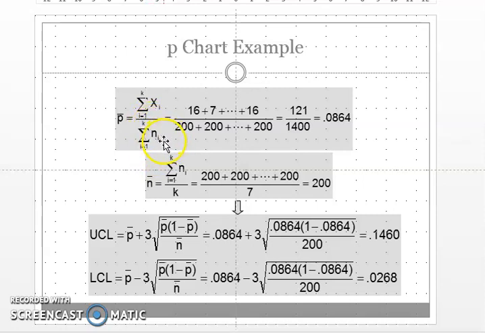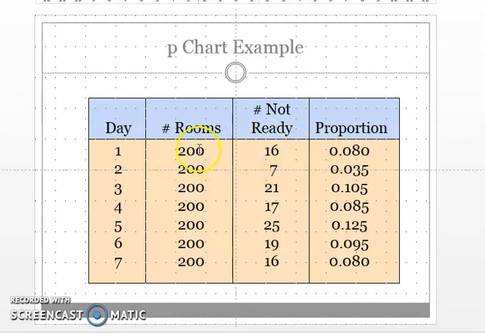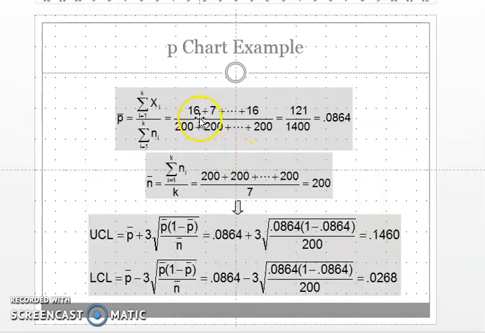Here 200 rooms per day, using the same table, 16 and 200. The summations of not-ready rooms are taken, divided by each day's inspected rooms, 200 for 7 days, which becomes 1400, and the summation of non-ready rooms is 121. In this way you calculate p bar, and n bar is equal to 200.